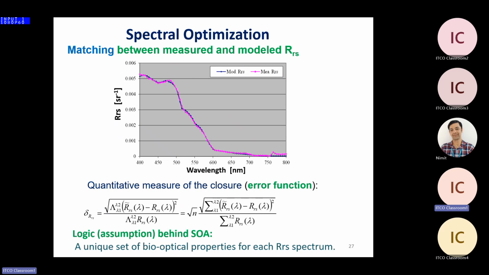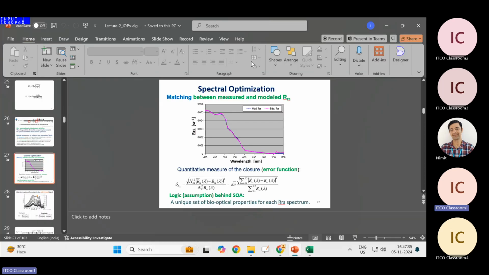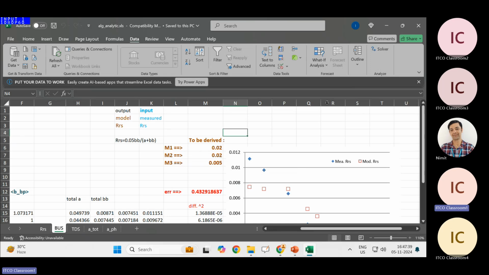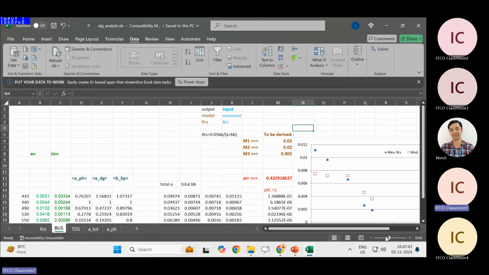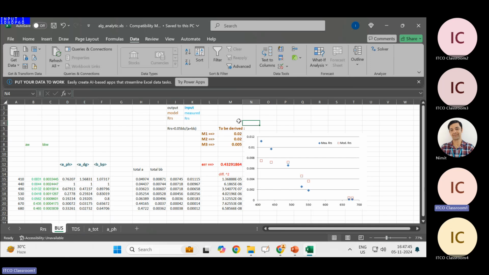Here I want to show you some examples of doing this spectral optimization in Excel. Here is an example. This blue is a measured remote sensing reflectance. This red is a modeled remote sensing reflectance. Here we have known A water and BB water.